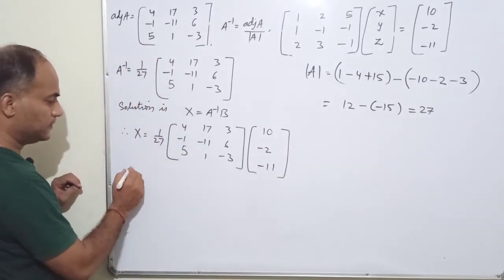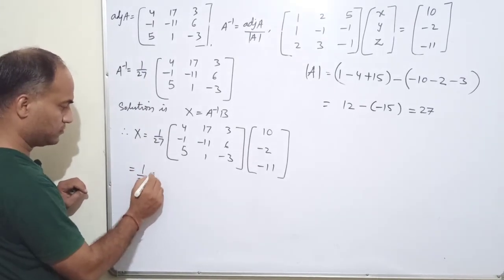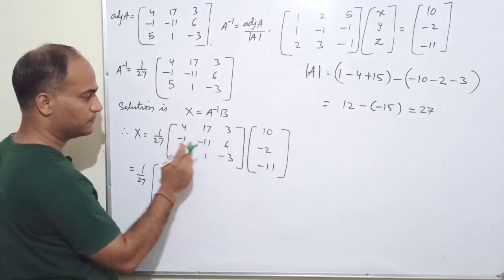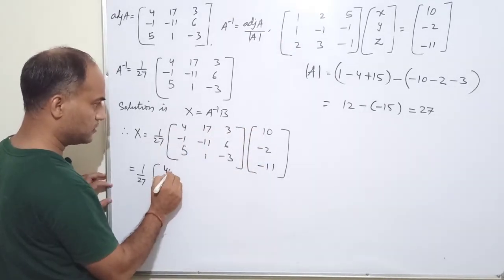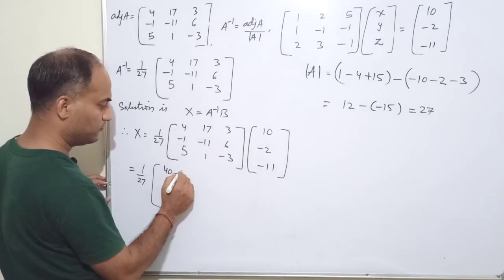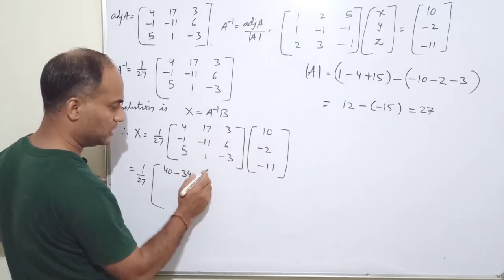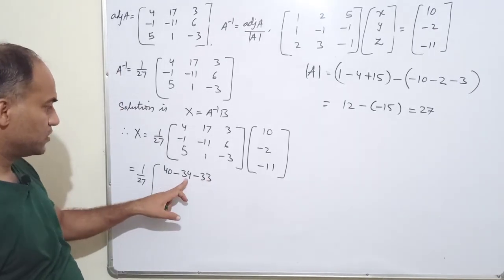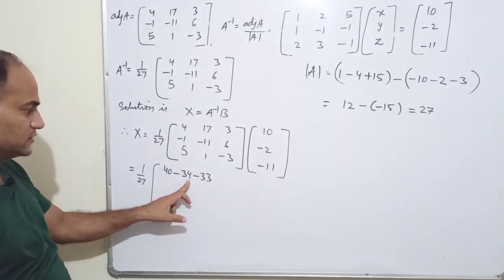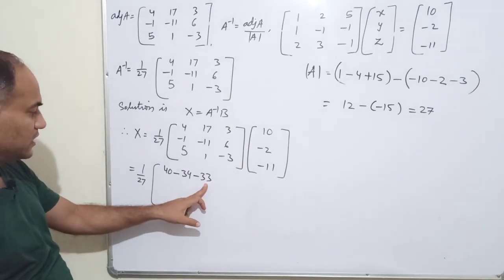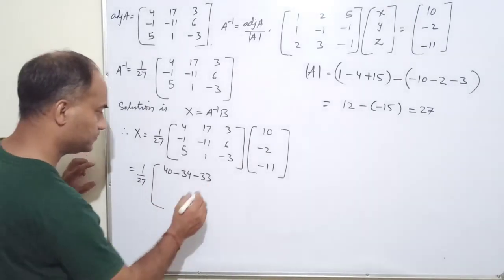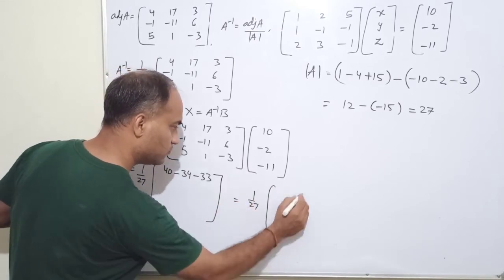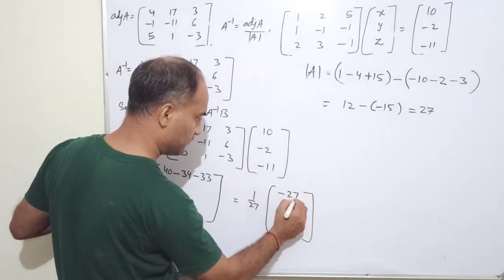So what happens here? We multiply row by column. So first row into this column. So 4 10s are 40, minus 7 2s are 34, and 3 11s are 33. Okay, so this gives us plus 6. When we subtract from there, we get minus 27. 1 upon 27, and minus 27.